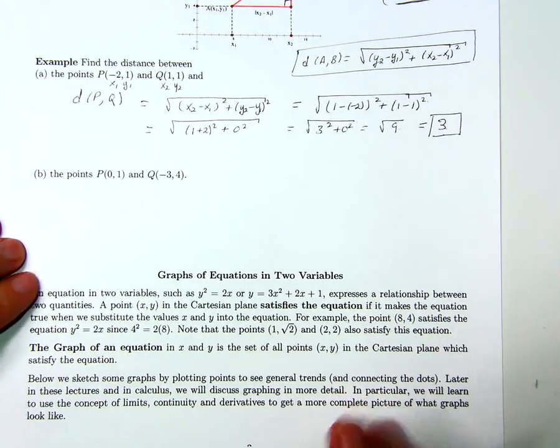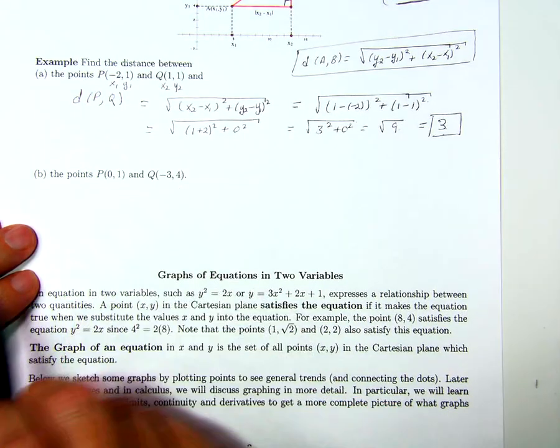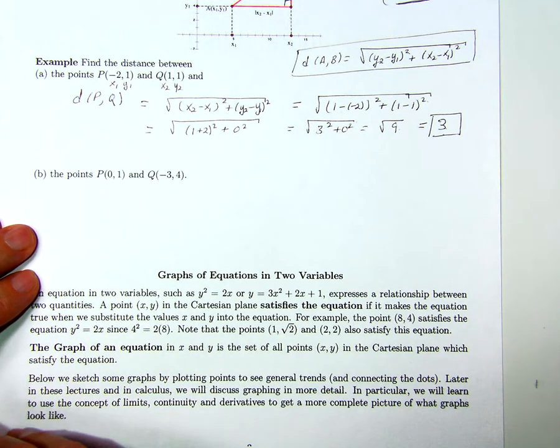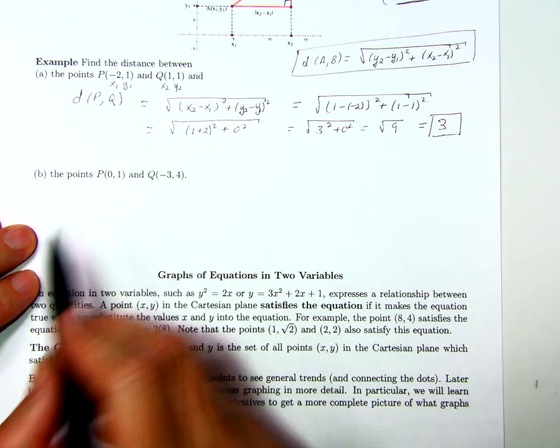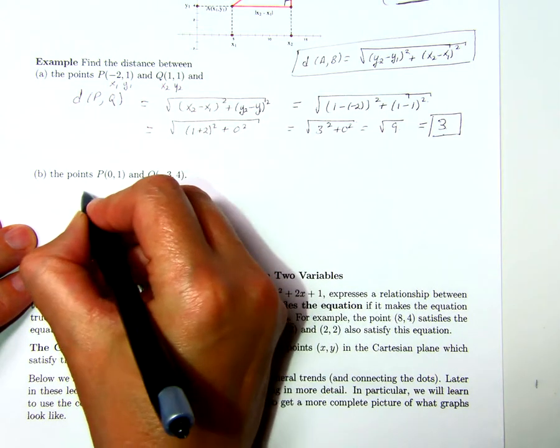What about the points P(0, 1) and Q(-3, 4)? Well, you should try this problem and then look at the solution later.